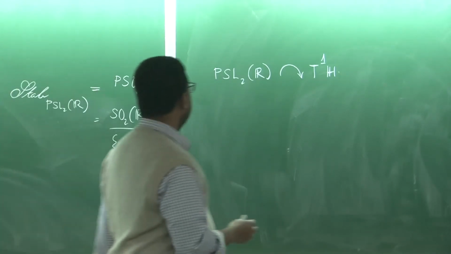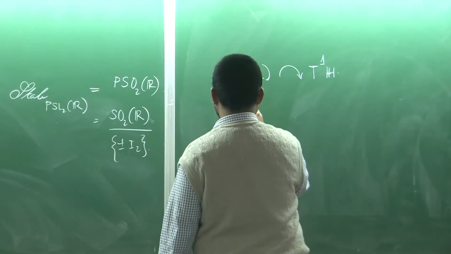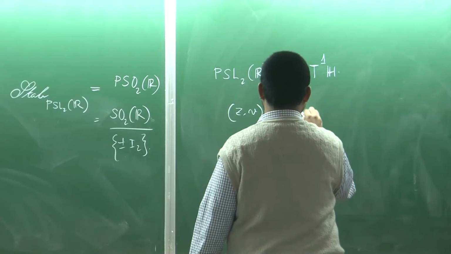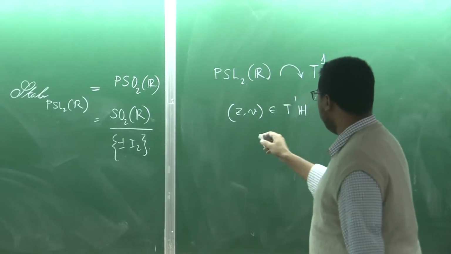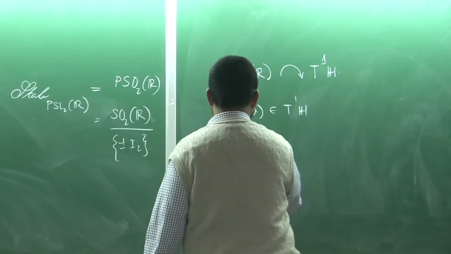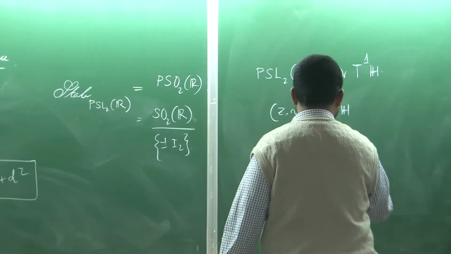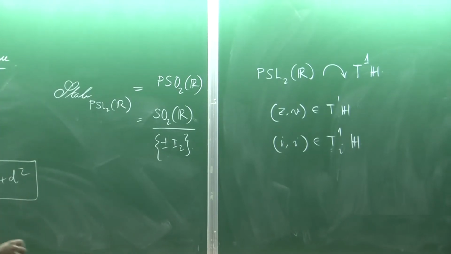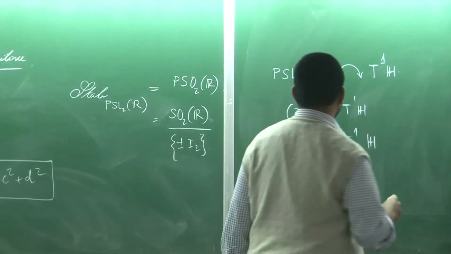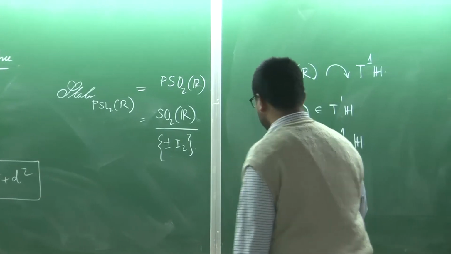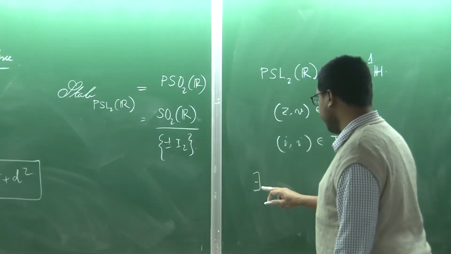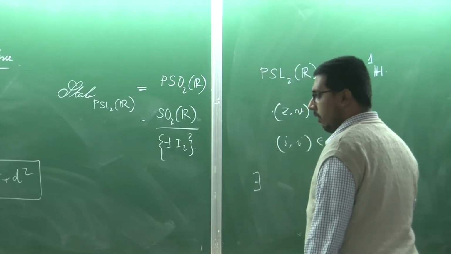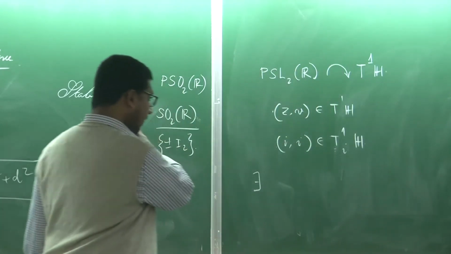Let us try to see. Let this be a vector in the unit tangent bundle, and of course one has (i, i). This is of course a unit vector in the tangent bundle. In order to show this action is transitive, we have to show that there is a matrix g such that this sends this pair to this pair, and that would be enough.